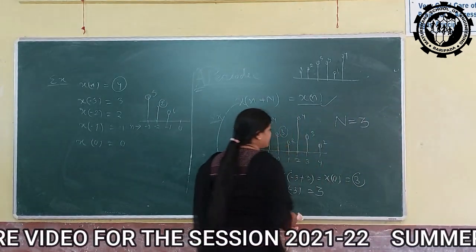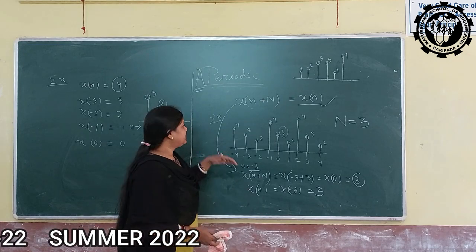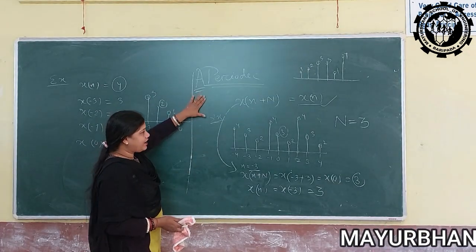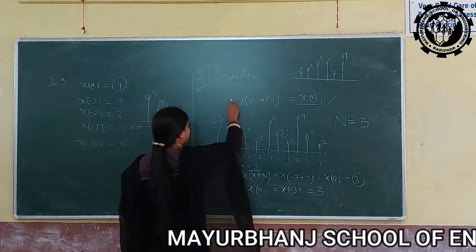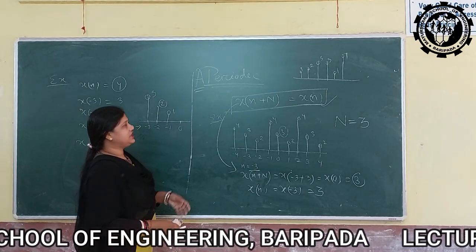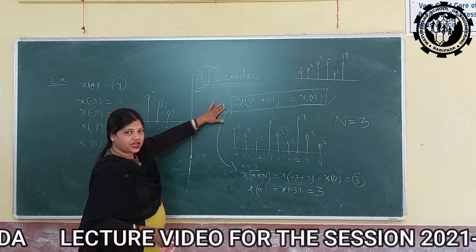So first we discussed causal and non-causal signals. Then again we are coming to the topic of periodic signals. We define the condition: a signal is said to be periodic if it satisfies the condition x of n plus N is equal to x of n.